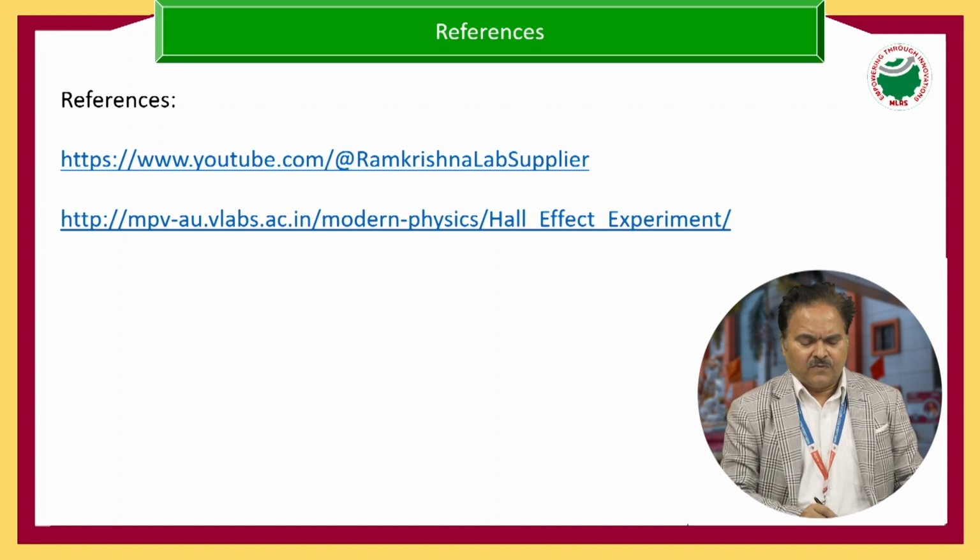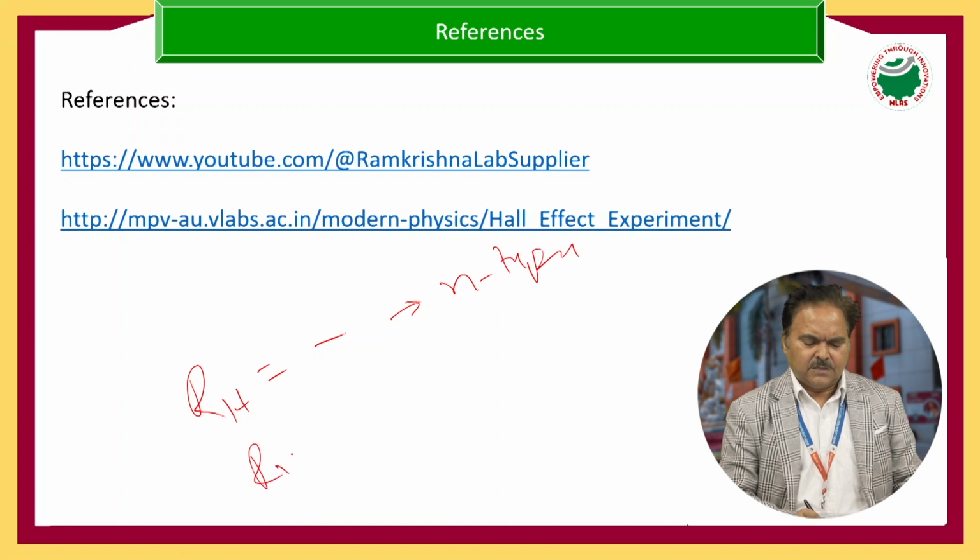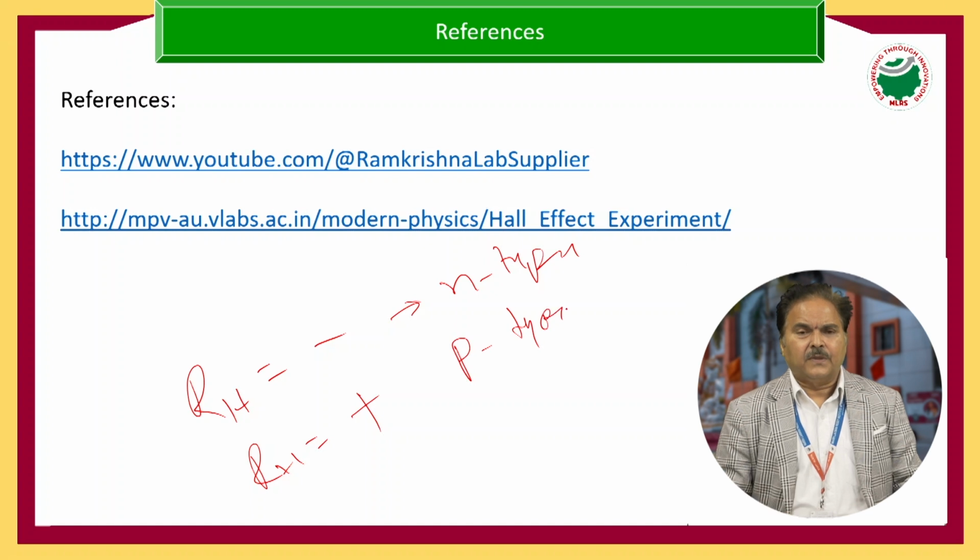But here, if the R_H value, that means the Hall coefficient, is negative, then you will get this type of material, we call it an N type material. If the Hall coefficient is positive, you can say it will be a P type material. Using this Hall coefficient and conductivity, we can calculate the mobility also. Mobility means how the electrons move inside the material.